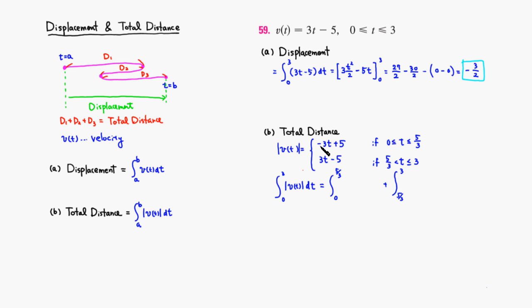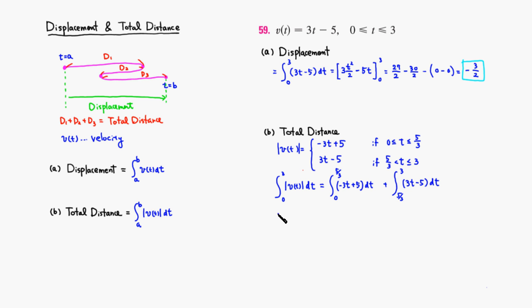First, from 0 to 5/3, you would have negative 3t plus 5 with respect to t. Then the next one is just 3t minus 5 with respect to t. So let's evaluate this.